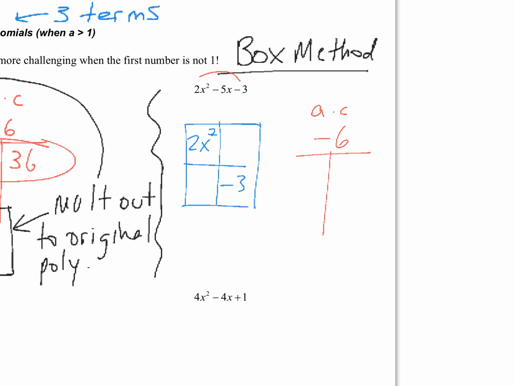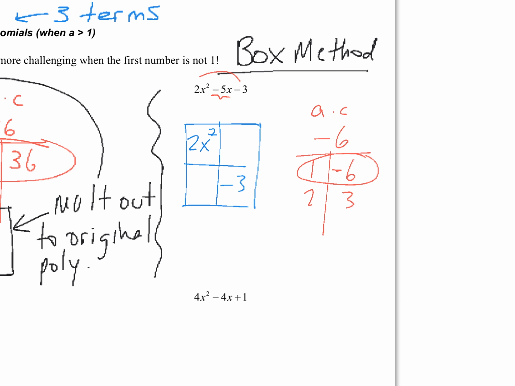List those multiples. Those multiples have to add to give me negative 5. So I think the ones I want, if I think about the multiples of 6, one has to be positive, one has to be negative to get to negative 6. So I'm going to end up doing 1 and negative 6. Because if I add those together, I get negative 5.